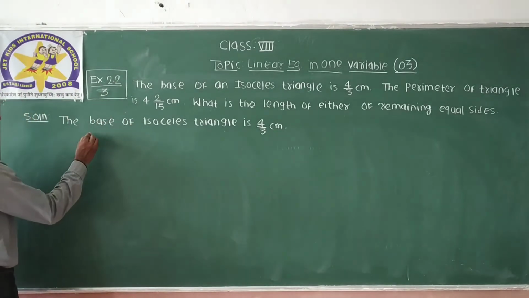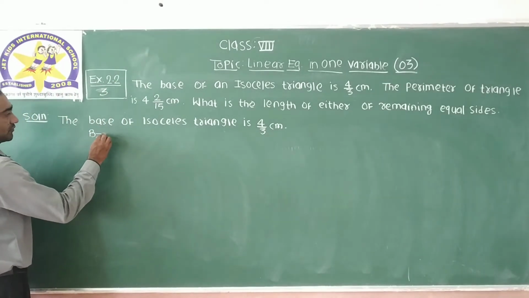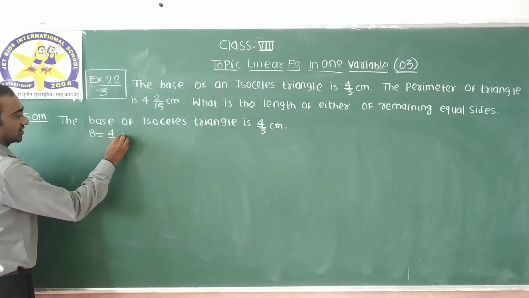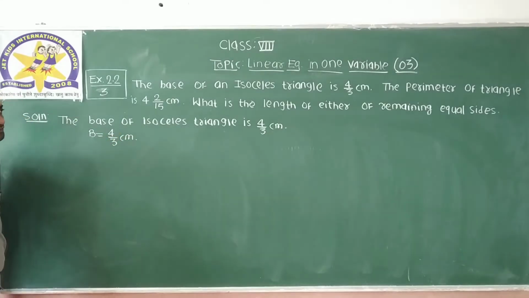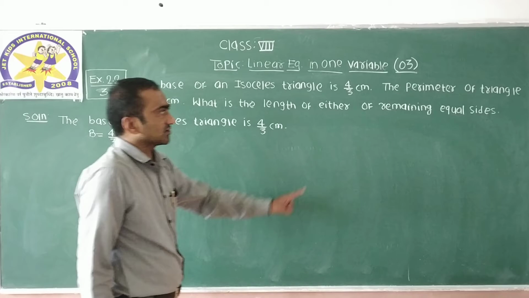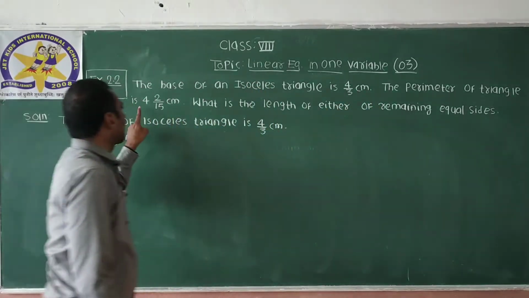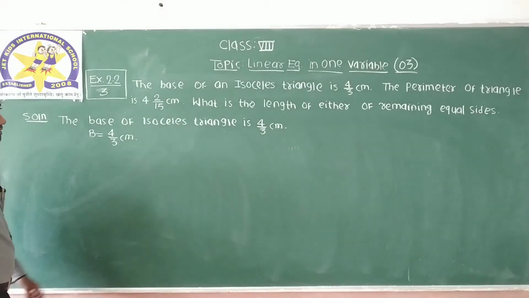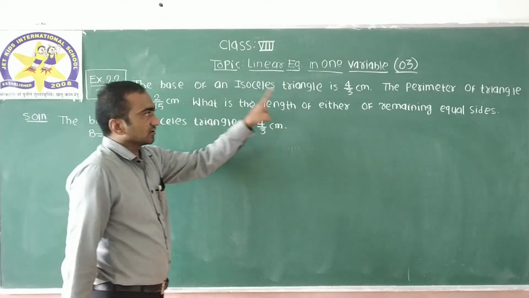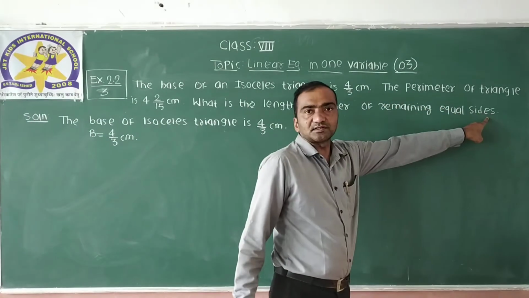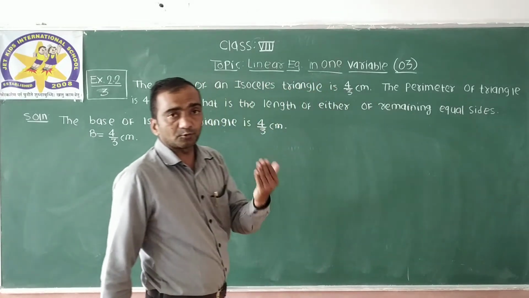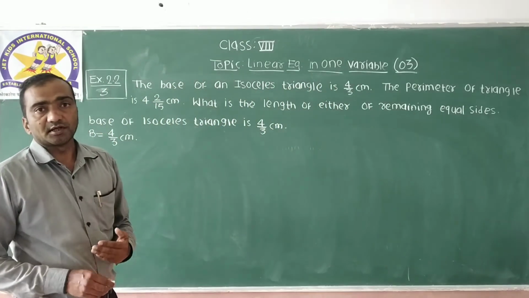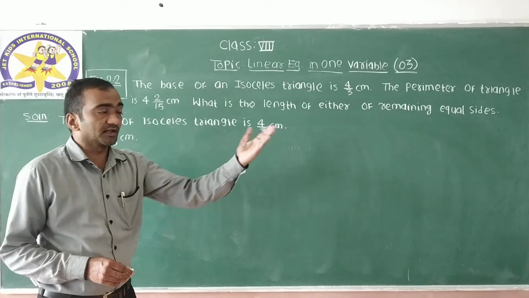We represent base by capital B, therefore B is equals to 4 by 3 centimeter. The second sentence is: the perimeter of the triangle is 4 integer 2 by 15. What is the length of either remaining equal sides? In this question we have to find out the length of either remaining equal side.